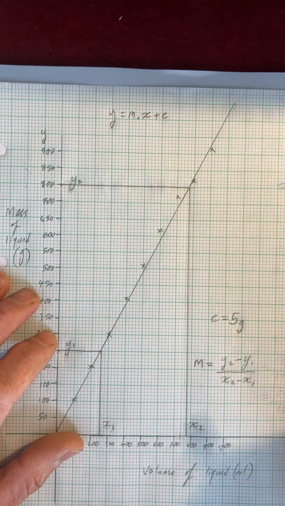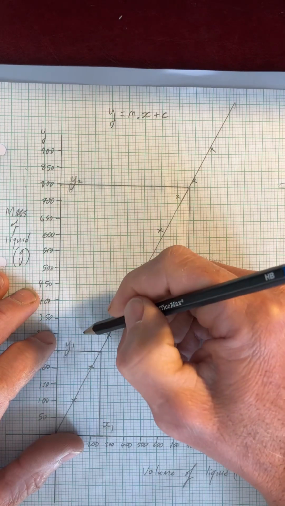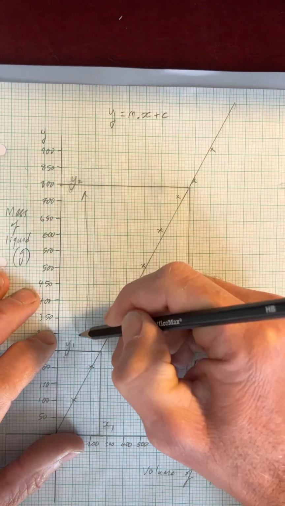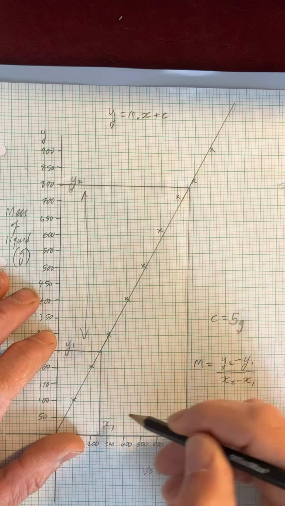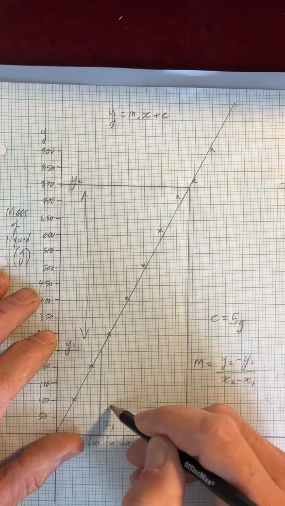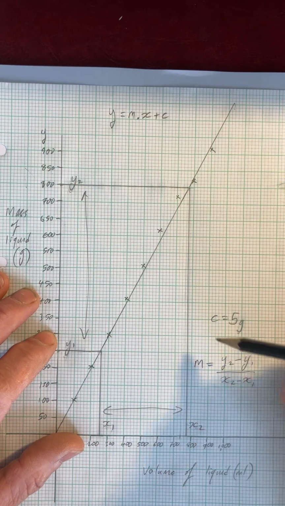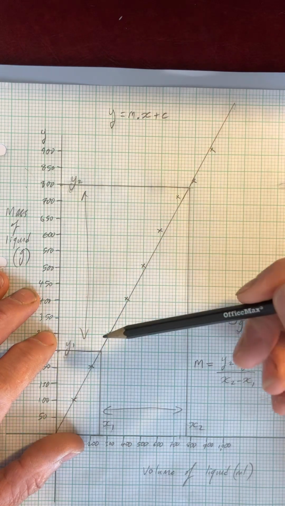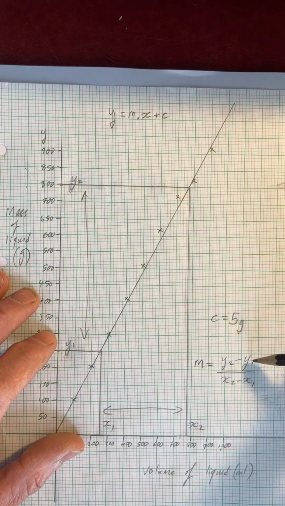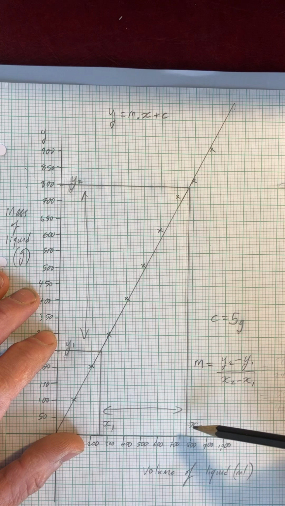To find out the slope, I need to take this distance and divide it by this distance. So I take y2 and I subtract y1. I take x2 and I subtract x1. And this will give me m, the slope.